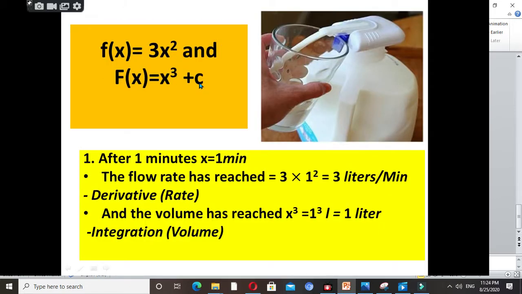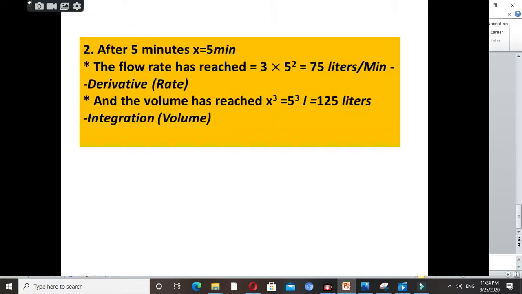That is why in all the calculations in this antiderivative, there is no c. If there is 1 liter of water, we write here plus 1 liter. So we considered it 0. And in the next example also, it was plus c according to the integration, but our consideration at first was 0.